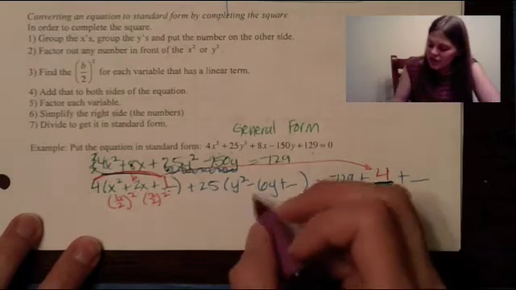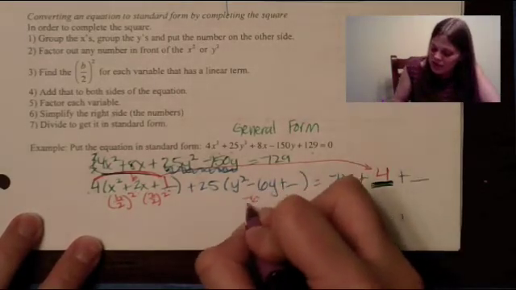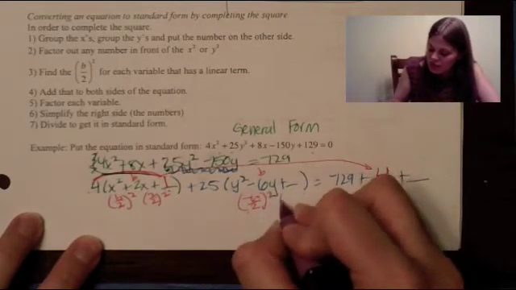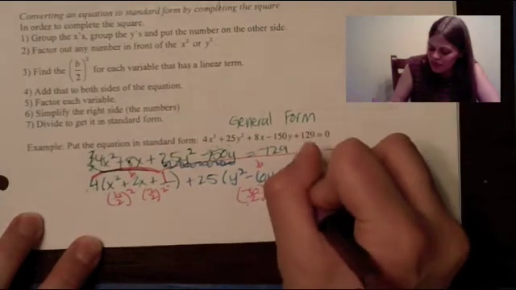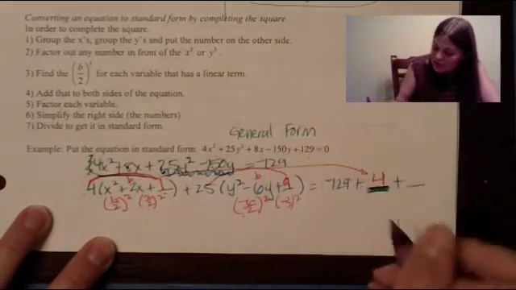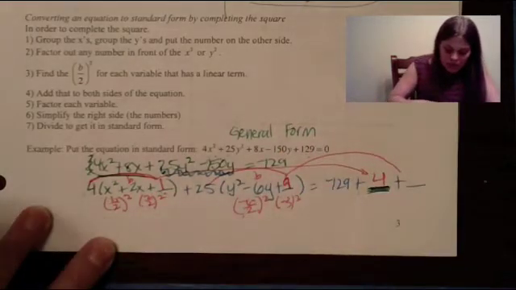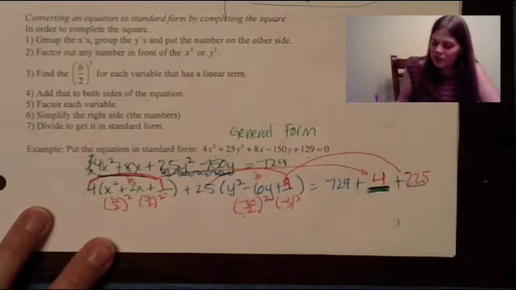And then for this, I'm going to take negative 6 divided by 2, your b divided by 2, and square it. So I get negative 3 squared, which is a positive 9. Well, I really multiplied 25 times 9, which gives you 225.